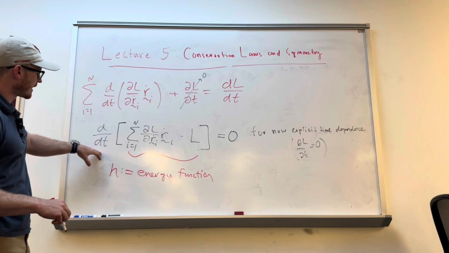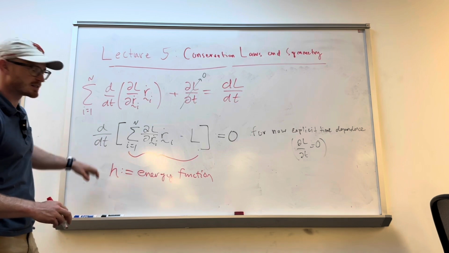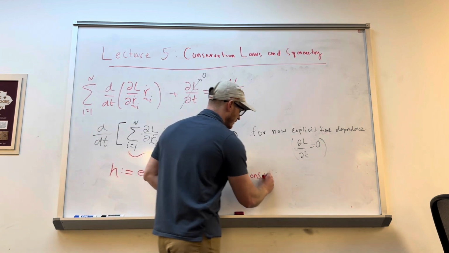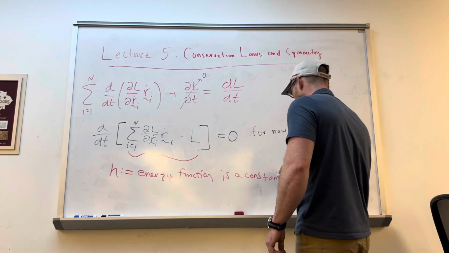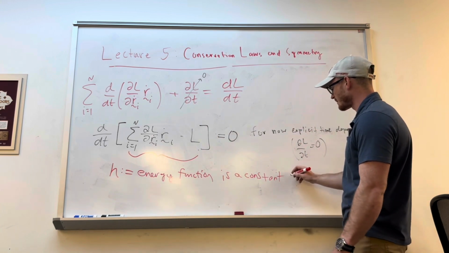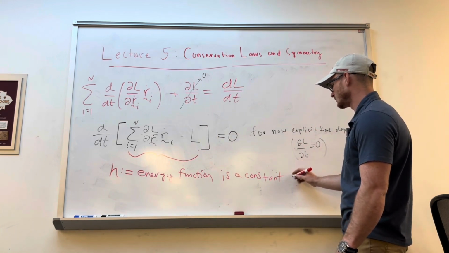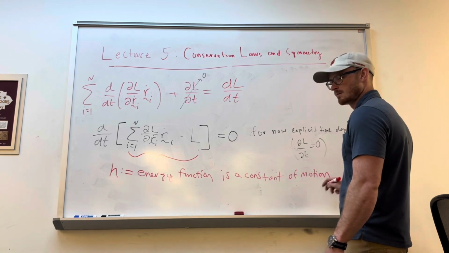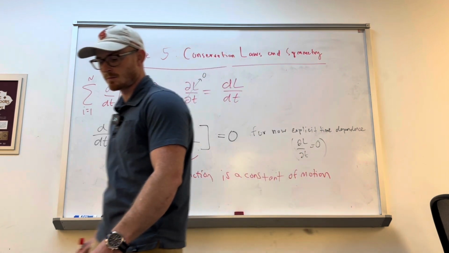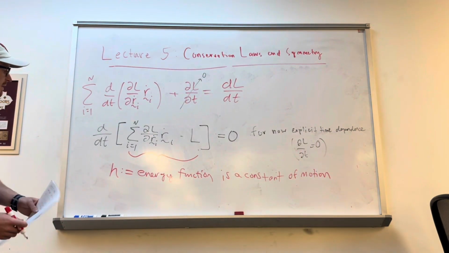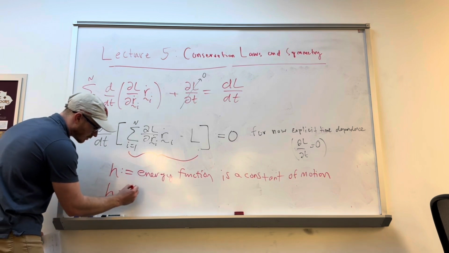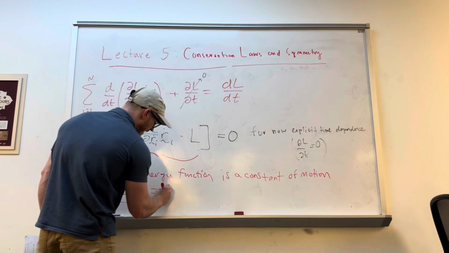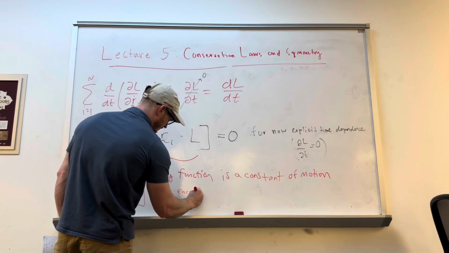This means that this energy function is a constant of motion because its time derivative is 0 for no explicit time dependence in a Lagrangian. Furthermore, if there is no explicit time dependence, this h is equal to the total energy of the system. And this implies that energy is a constant of motion.